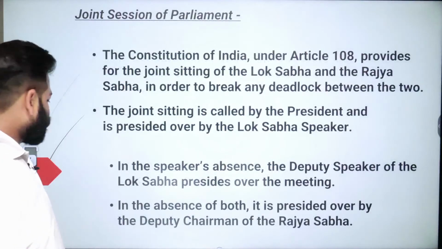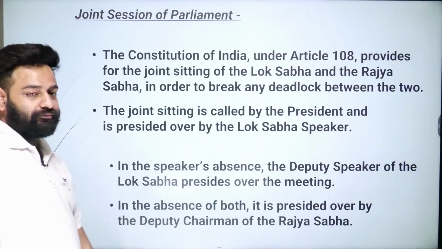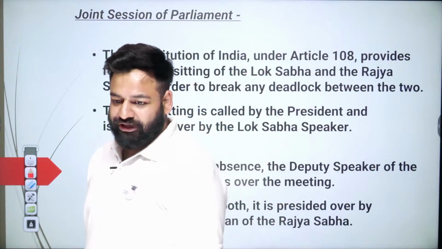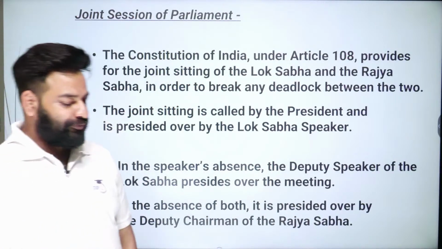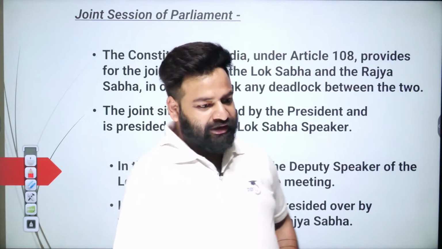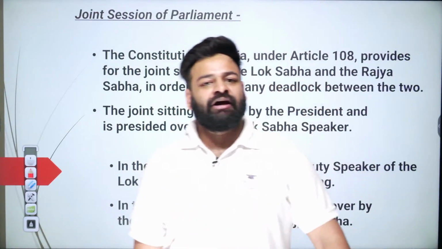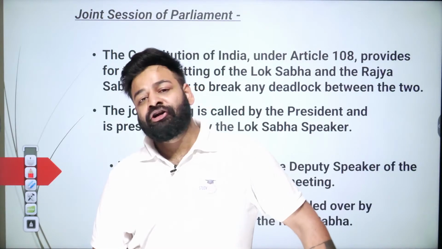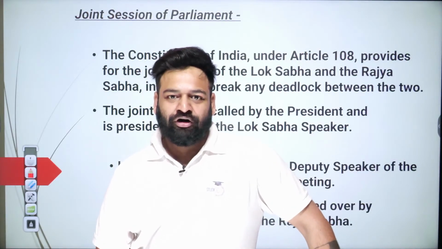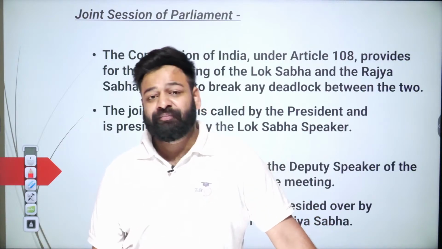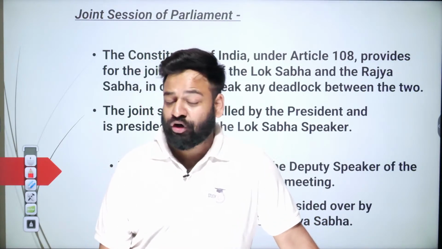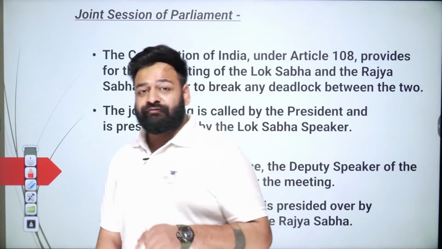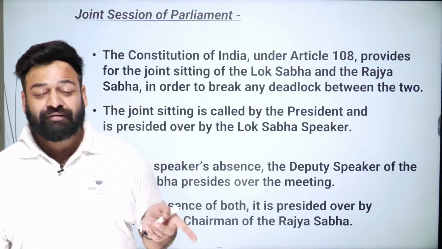So next, joint session of the Parliament. When there is a deadlock between Lok Sabha and Rajya Sabha regarding a particular bill, in order to wipe away that deadlock, the President has the authority under Article 108 of the Constitution to call for the joint sitting of both the Houses of Parliament.